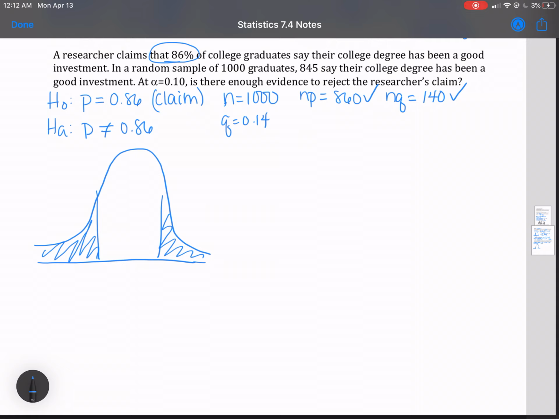Here we have to be careful. So we know n is 1,000, and it says 845 say their college degree has been a good investment. So remember our formula for p hat is x divided by n. So if we take 845 divided by 1,000, that gives us the p hat value of 0.845.